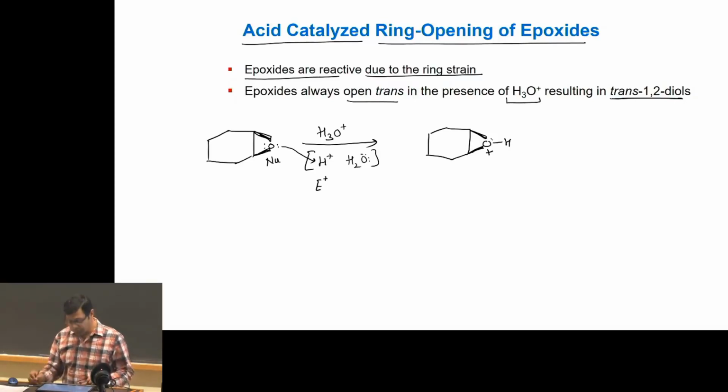Oxygen with 3 bonds, 1 lone pair, formal positive charge. Now you have plenty of water floating around that can react to open up this ring. Now if the epoxide is at the top, water will come from the bottom, like we have seen with the dihalogenation and halohydrin formation.